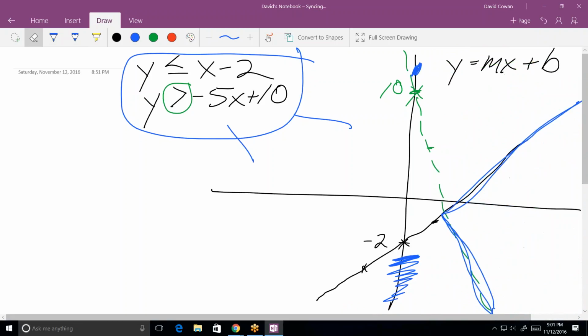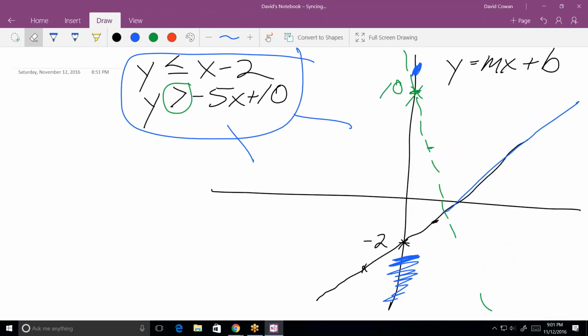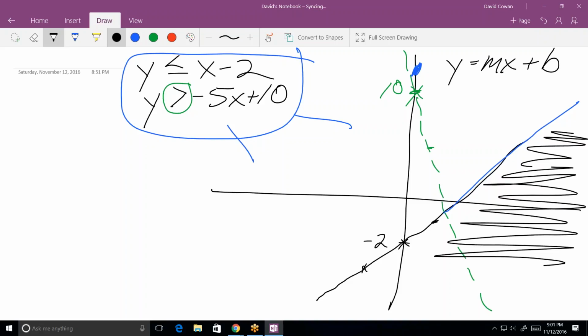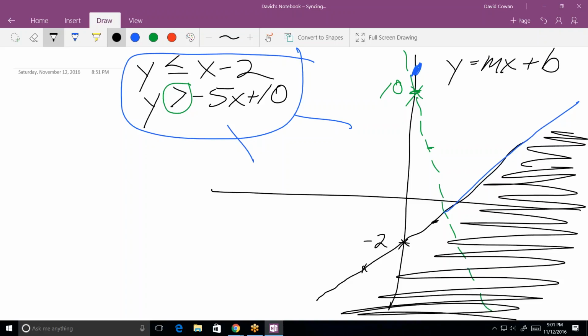All right, there's my two lines. I could use horizontal stripes for the top line, the black line. I'm going to put black stripes horizontally like that. Now for the bottom inequality, this one, I'm going to put vertical stripes.